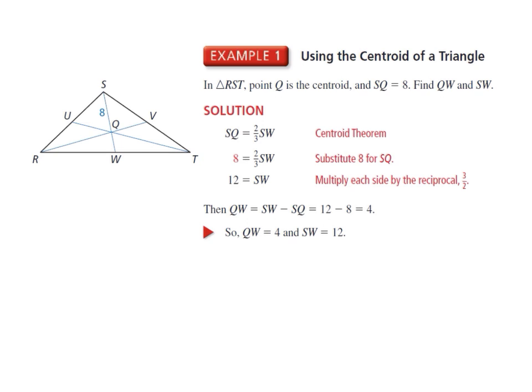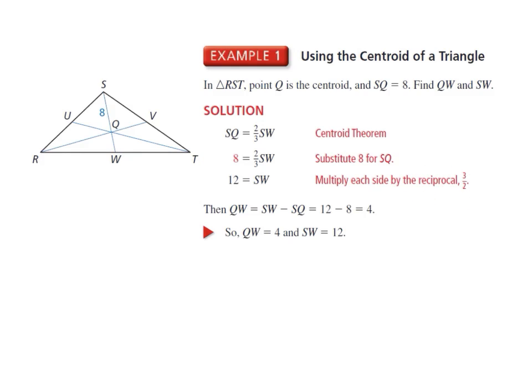So we know that SQ, this longer part of the entire median, is worth 2/3 of the entire median, which is S to W. So if that's true, we can write out a little formula. And then we substitute for SQ the 8 value that we're given, and then we solve from here. So I need to multiply both sides by the reciprocal of 2/3, which is 3/2.